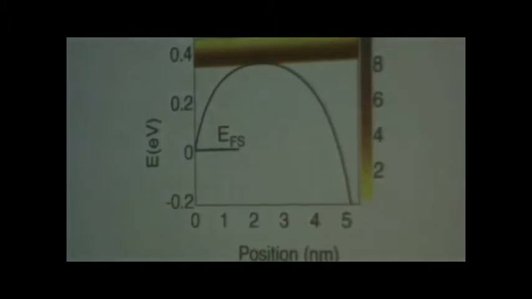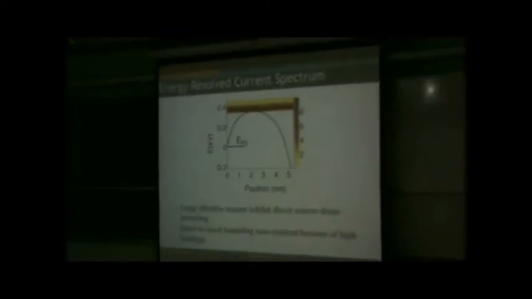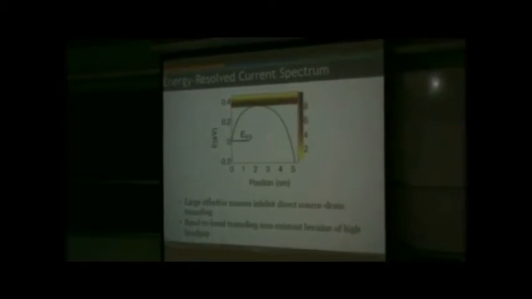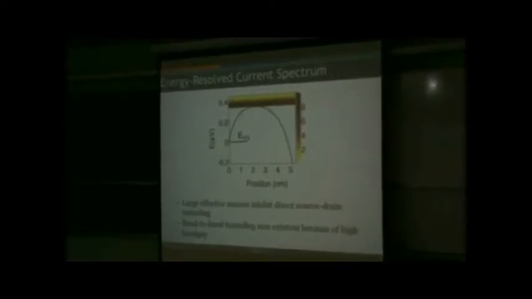So, Professor Lundstrom showed you some of this kind of calculations for 5 nanometer silicon, for example, and he showed that you get a lot of source drain tunneling current. For MoS2, we don't see that, and that's expected. You have a very large band gap there. So that is good. But now, again, we play that game.